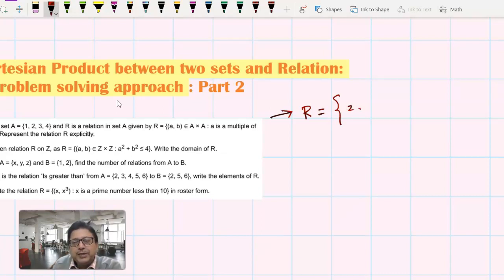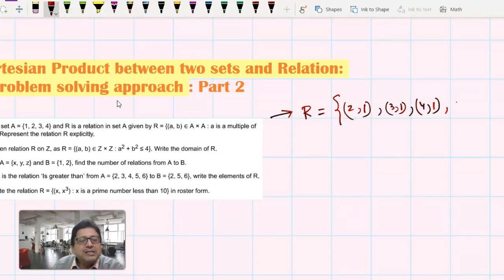If we take 2, it is multiple of 1. If we take 3, it is multiple of 1. If we take 4, it is also multiple of 1. Then is there any other element? Can we take the first element as 3 and second element 1? It is already taken.